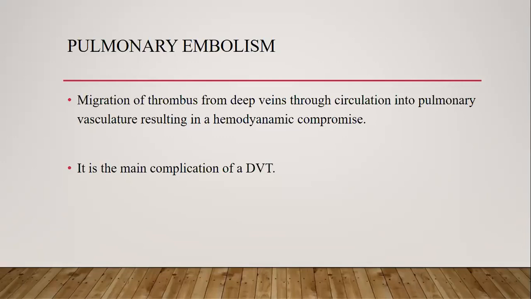But if this clot breaks away and moves into circulation, then you say the patient has an embolism. Okay. And pulmonary embolism means that this blood clot that has broken away has migrated from the deep veins, and then it has ended up in the pulmonary vasculature. Okay, that is what it means.